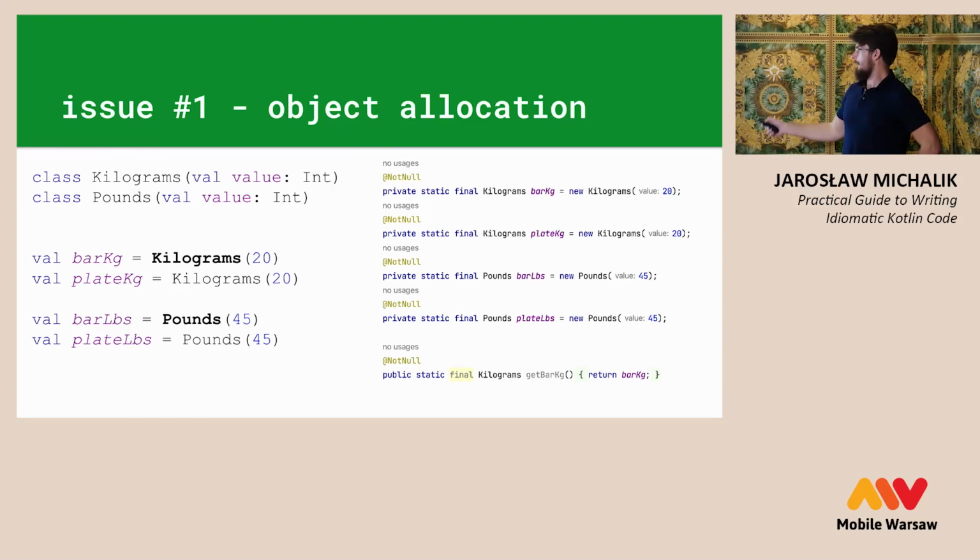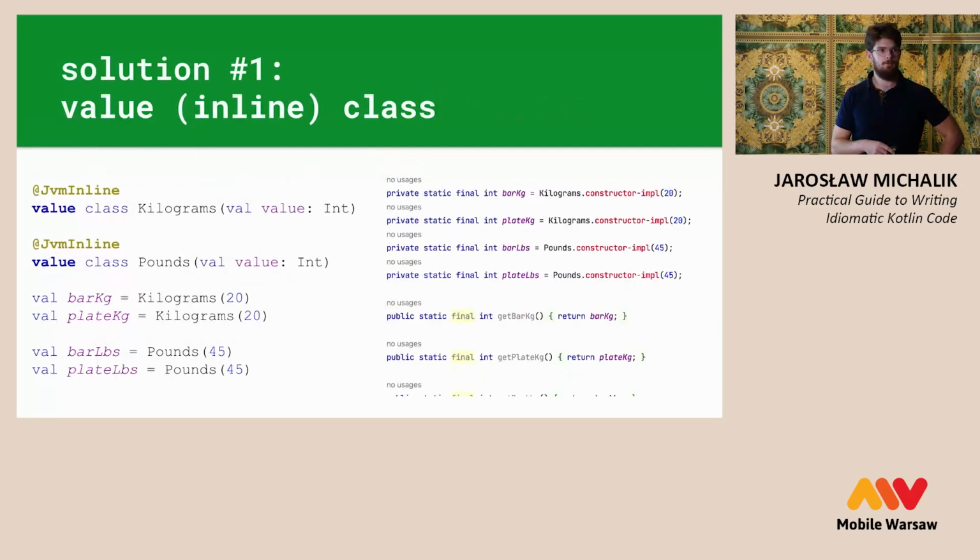This is the Java equivalent for this code. And yeah, each time we are creating a new instance of the kilograms class. But we can introduce another Kotlin idiom, value class. Previously it was called inline class.